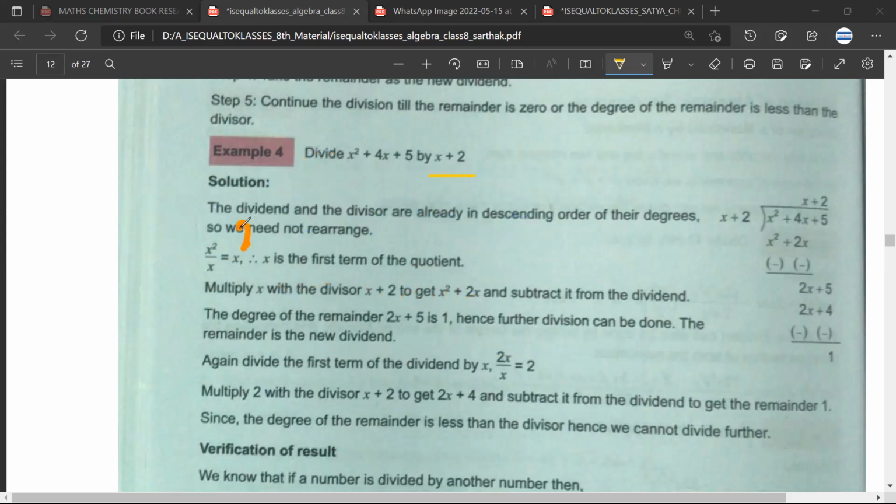Let me begin again. So x square plus 4x plus 5, you have to divide this by x plus 2. Now listen carefully to what I'm saying.